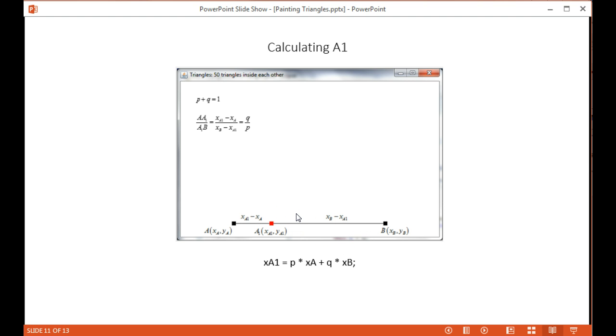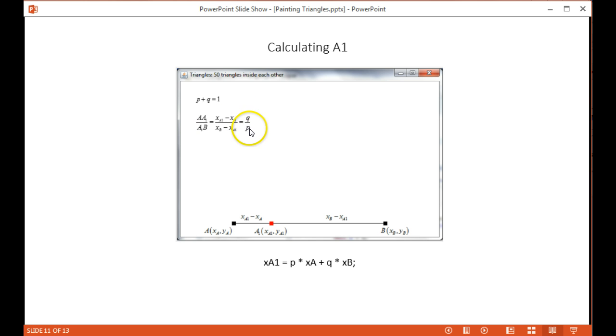So what does that mean? Well, that means the ratio of Q to P should be the same as the ratio of this segment to that segment, right? So this segment is XA1 minus XA, and this segment is XB minus XA1.